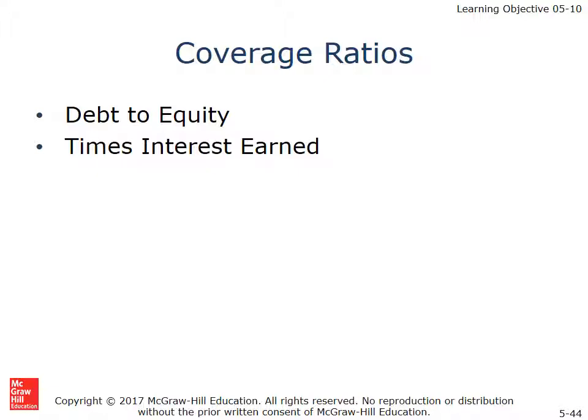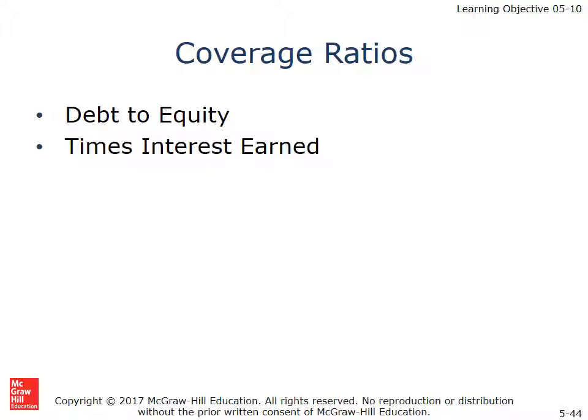Debt to equity. Debt to equity is where we take our short-term and long-term debt divided by stockholders' equity. It just indicates the portion of the capital, entity's capital, comes from debt. Okay, the lower the ratio, the less debt pressure. And times interest earned. That measures how many times a company could pay its interest with its earnings.